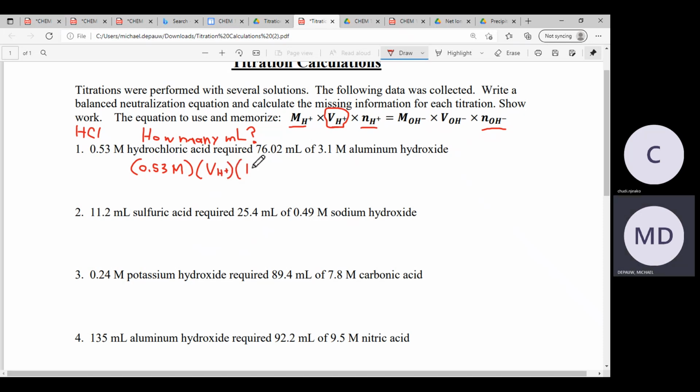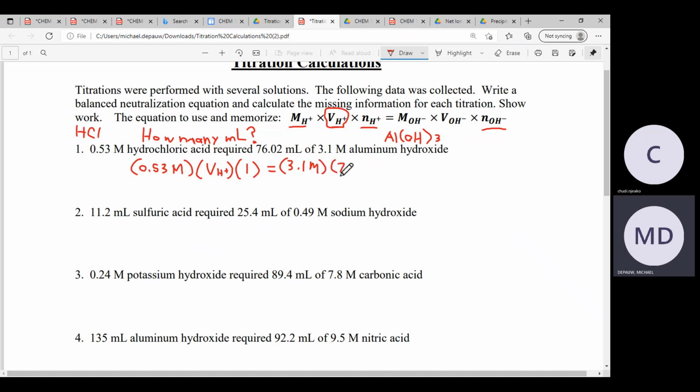Now, if I look at aluminum hydroxide, aluminum's a +3, hydroxide's a -1, so this is Al(OH)3, right? So the molarity of the hydroxide is 3.1, the molarity of aluminum hydroxide.